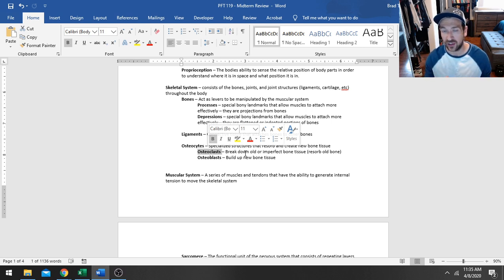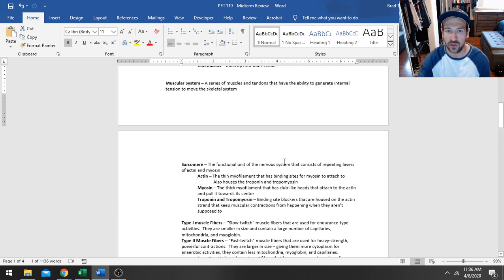They'll eat it all, spit up the ingredients, and then self-detonate so they don't keep eating your bones. And then you have your osteoblasts, which are your bone builder-uppers, and their job is to come along afterwards and lay down a special collagen matrix that absorbs calcium, and that will take those old ingredients from your broken up bones, thanks to your osteoclasts, and build up that new bone tissue in order to increase its density.